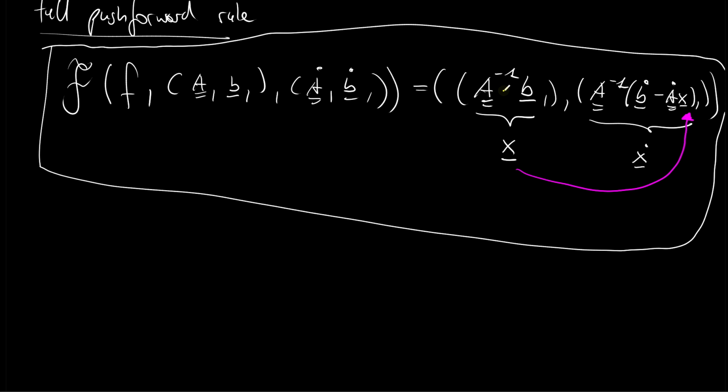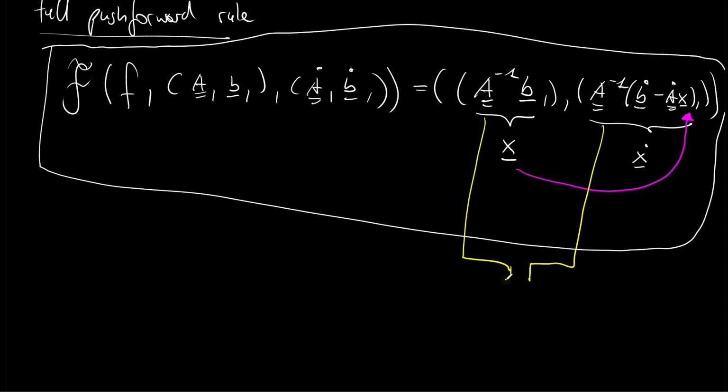Usually the factorization itself scales cubically in the number of dimensions, so it's O of n to the 3, whereas the following forward or backward substitution scales quadratically. If you already have the factorization from the primal pass, you can also push forward tangent information at something that scales quadratically. That's quite a nice insight.